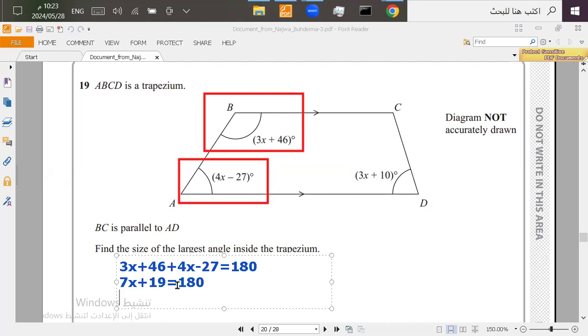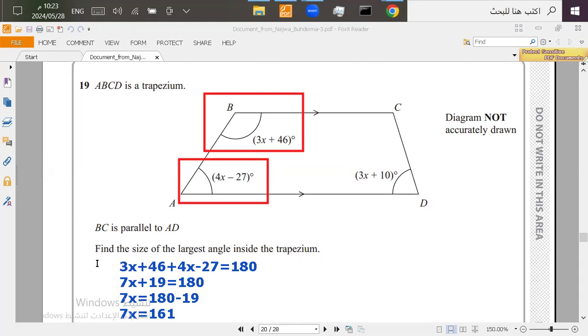Now I'm going to take the 19 to the other side by subtraction. So 7x will equal 180 minus 19, which is 161. Now 7x will equal 161.